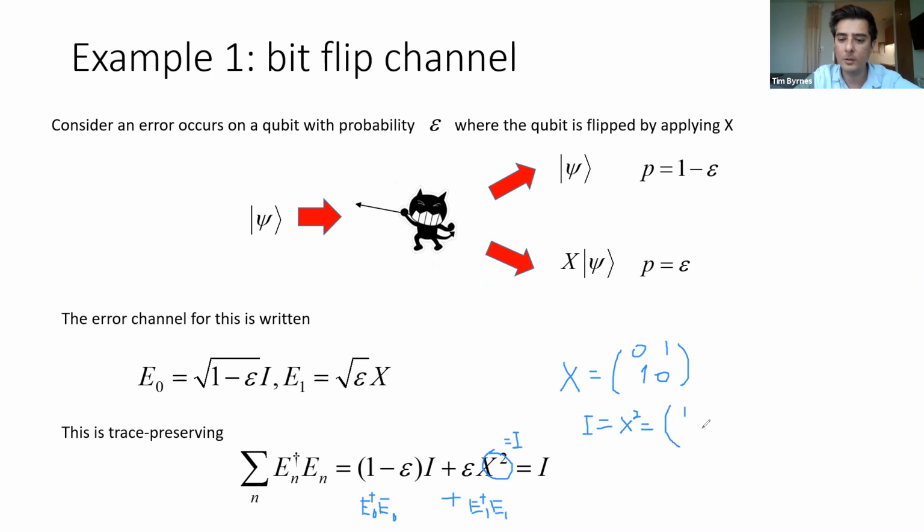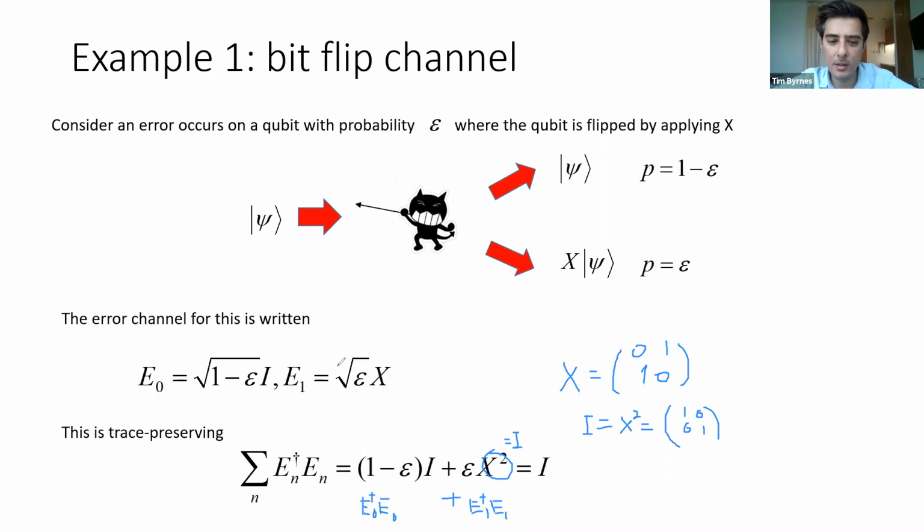So in order for these two to add to just regular identity with a coefficient of 1, this term needs to add with this one to give a coefficient of 1, right?